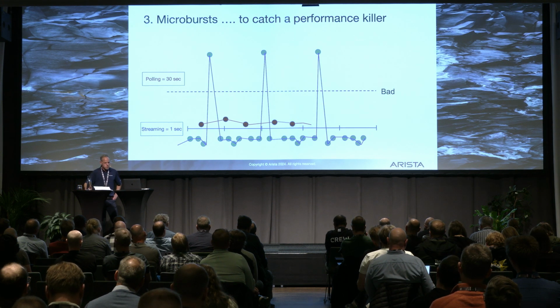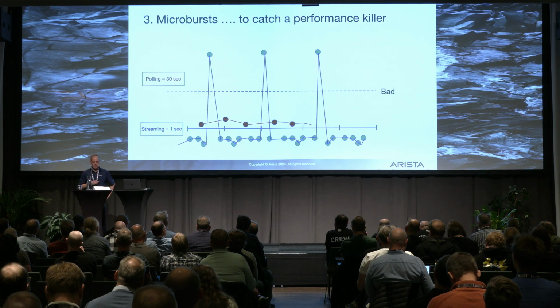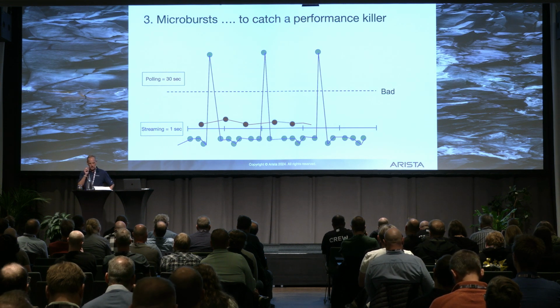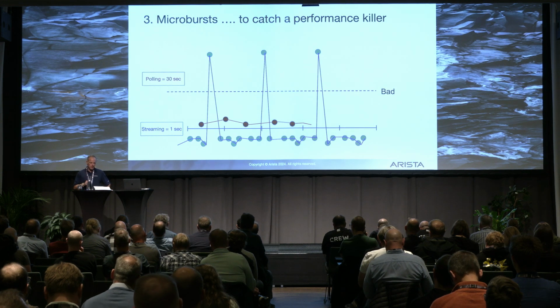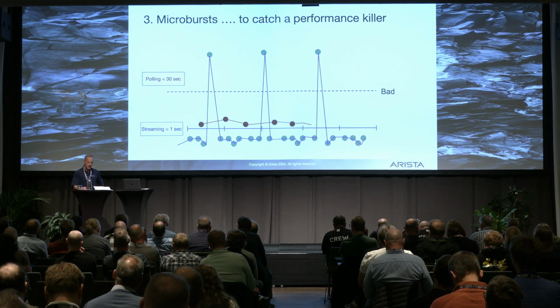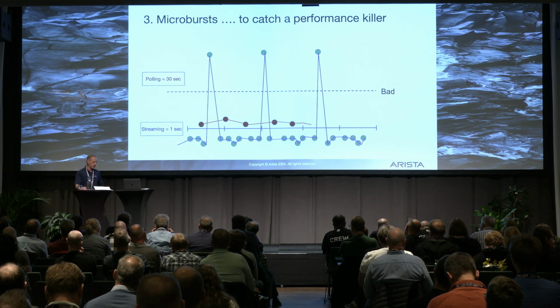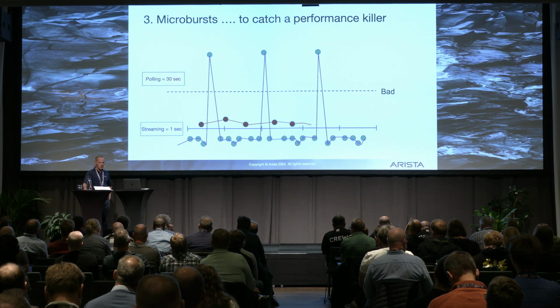So to catch microbursts, there is bursty traffic, like storage as an example, that is very bursty in a very short time. To catch this bursty traffic, the standard tools that exist in switches today are not good enough. So we need something with a granularity to monitor the buffers and the queues.